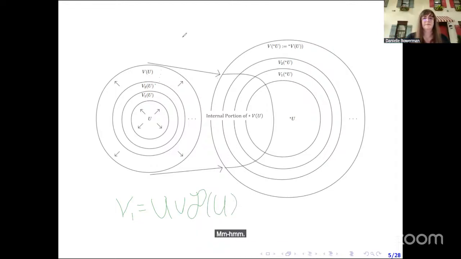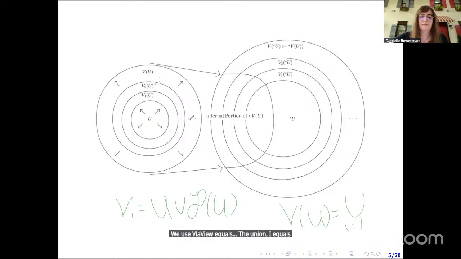Okay, understood. That's the technical method of how we define it. We use V of U equals the union over i from 0 to infinity of V sub i of U, defined as you just said.